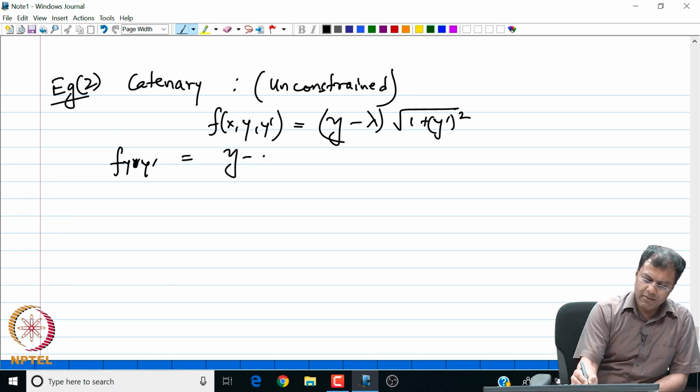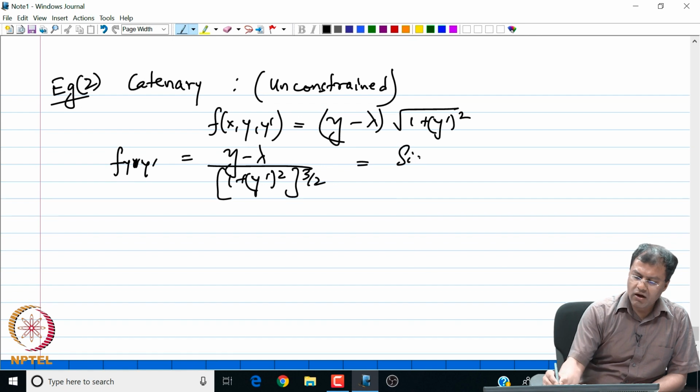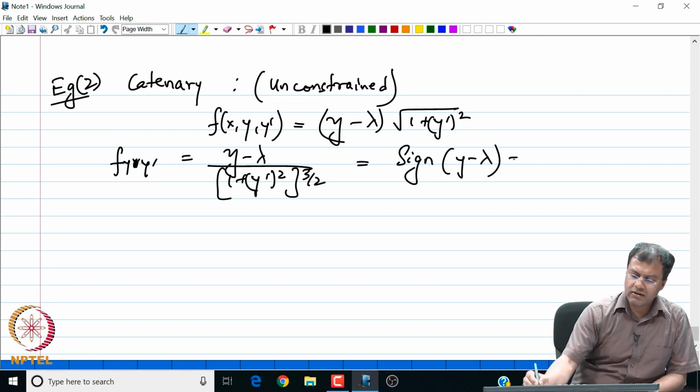This comes out to be y minus lambda divided by 1 plus y prime square to the power 3 by 2. Notice that the sign of y minus lambda determines the sign of f y prime y prime.